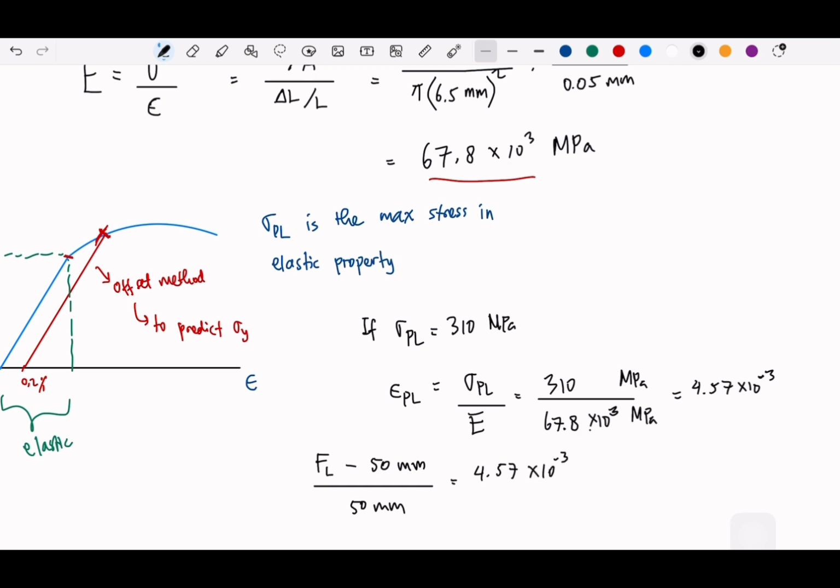And you solve this, you get the final length will be around 50.285. Or I think you can just multiply, get the delta L, and then add to the 50, right?